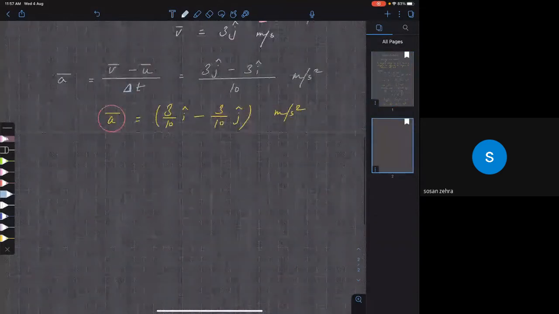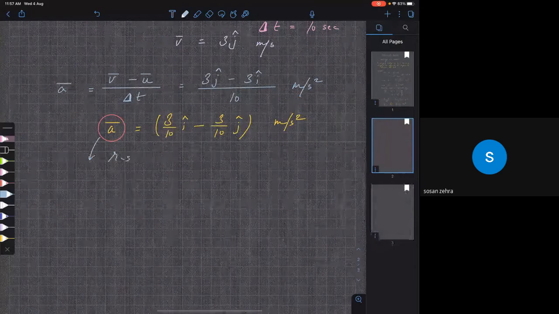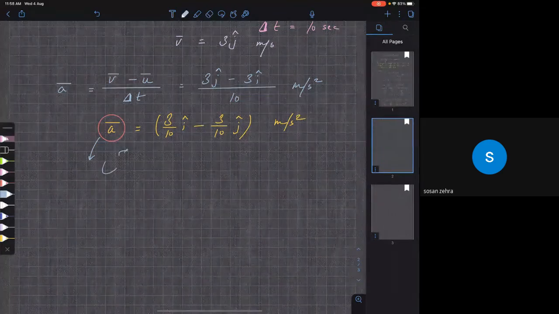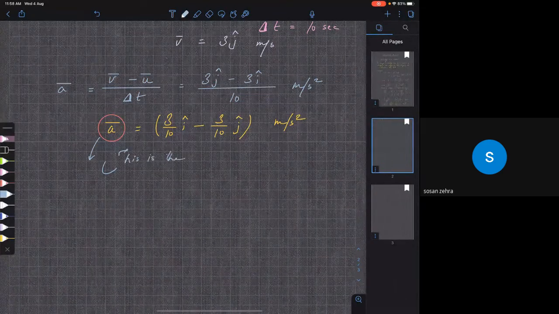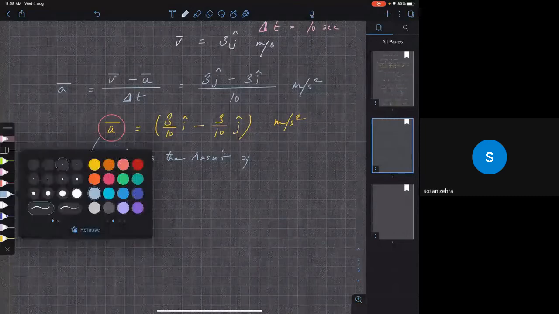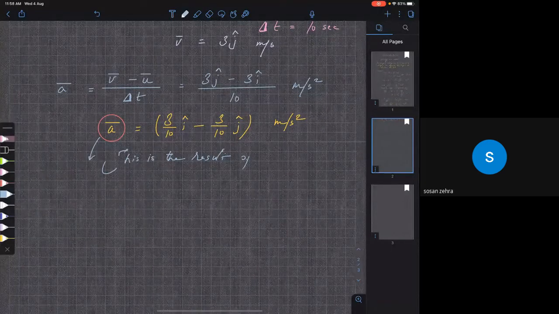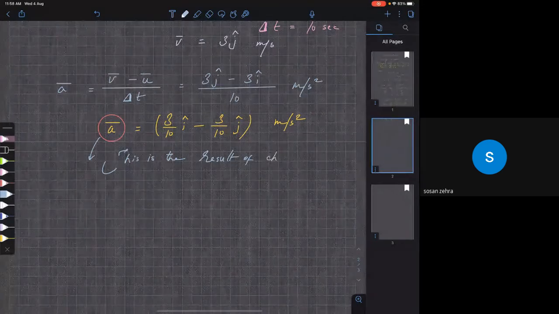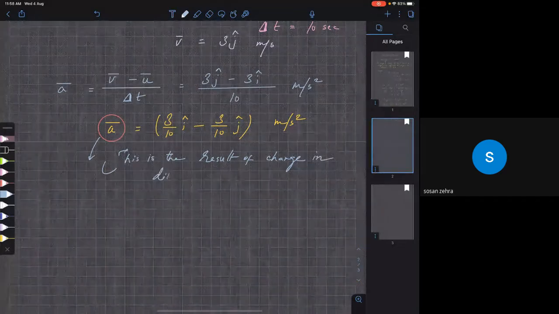This is the result of change in direction only.